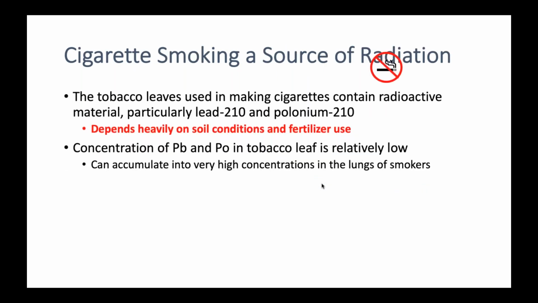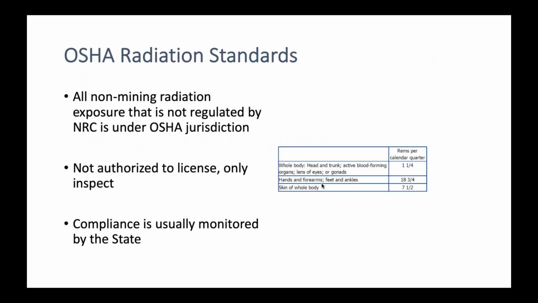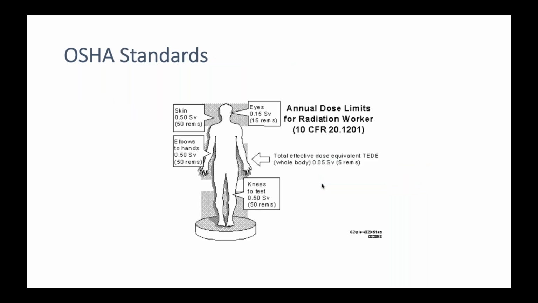Cigarette smoking, again, depends on where it was grown and what was in the soil. OSHA has their own standards, okay, non-mining and non-medical, and it's just basically whatever you can think of that isn't already covered by NRC.